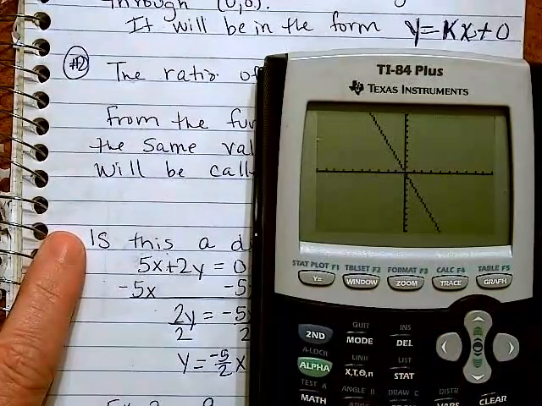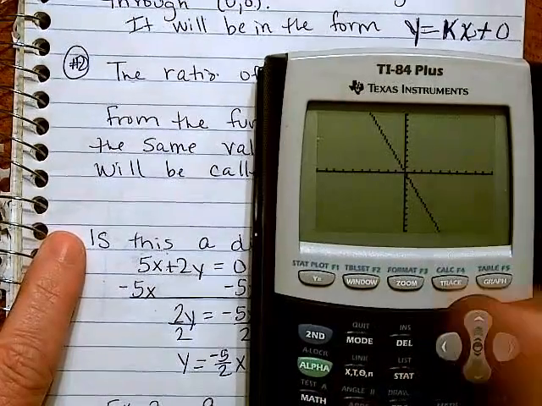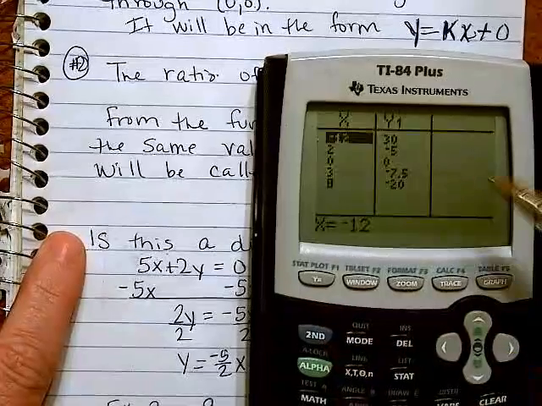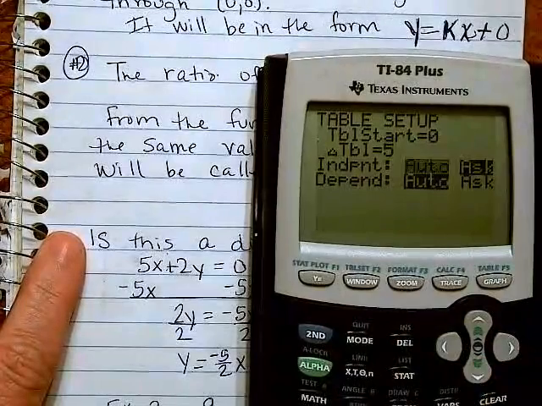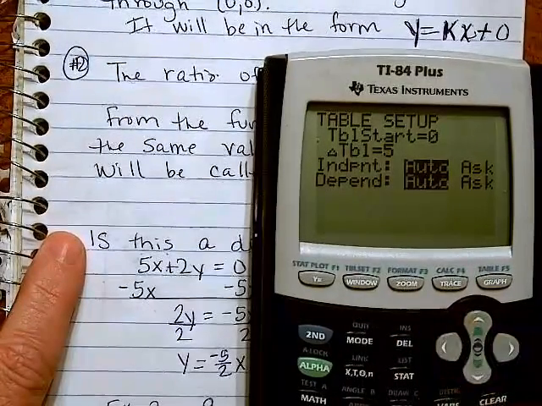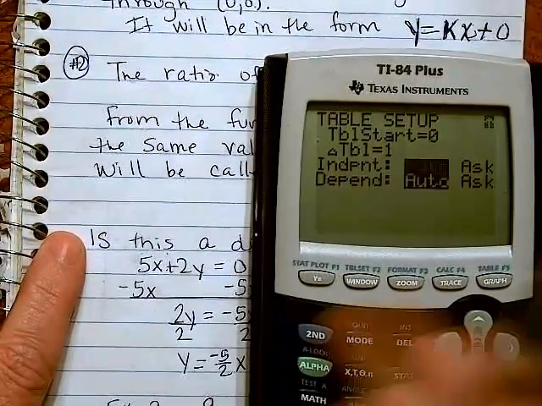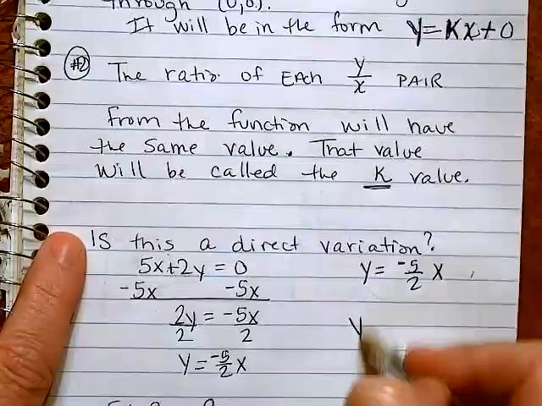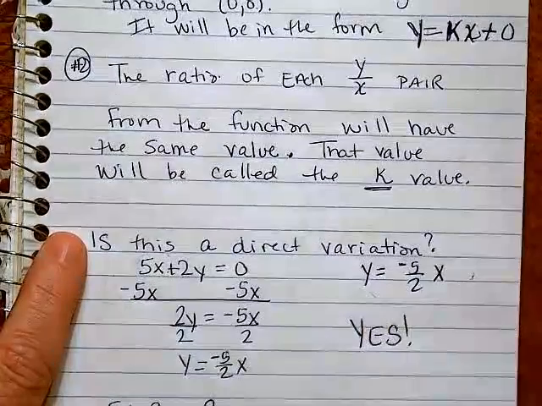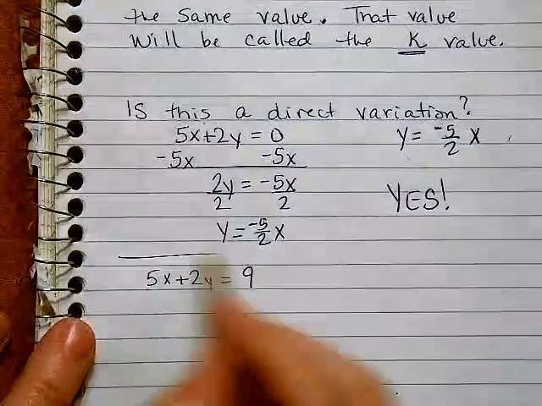Does it go through 0, 0? It sure looks like it does. Let me look at the table. Let me put my table back on auto, and I want my table to count by ones. Does the table go through 0, 0? Yes. So is this a direct variation? Yes, it is.